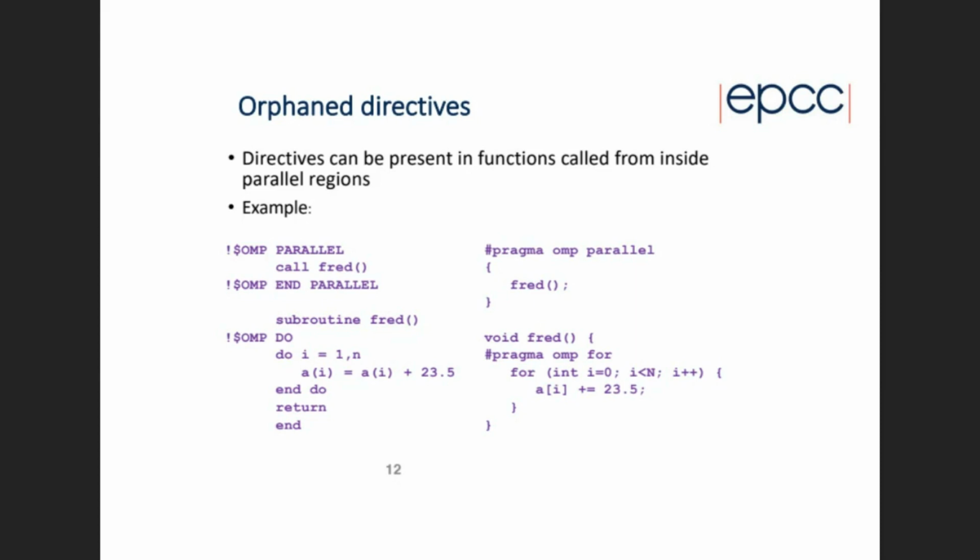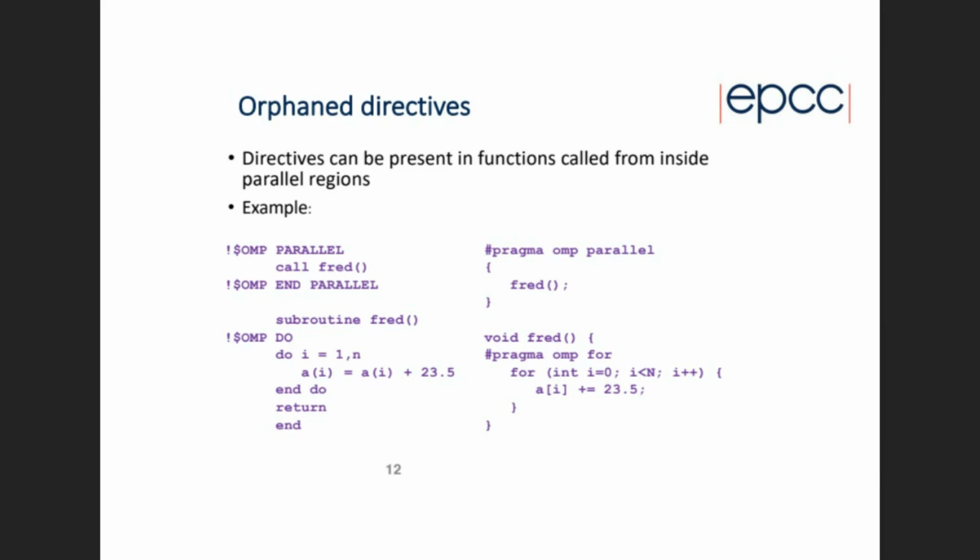I think it's good to be aware of it, even if it just prevents you doing it accidentally, just to know that that's what is going to happen if you have parallel regions inside parallel regions. And that may not be what you intended.